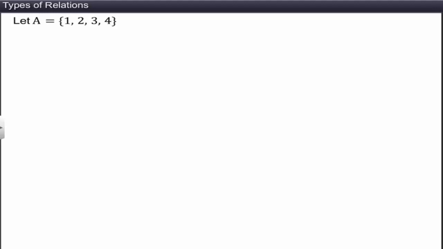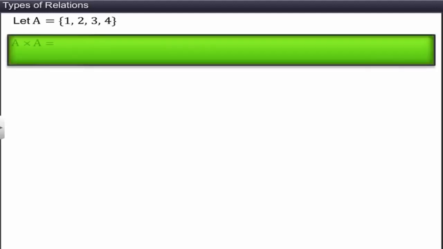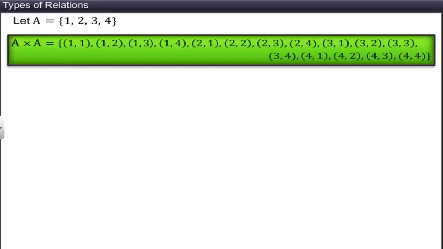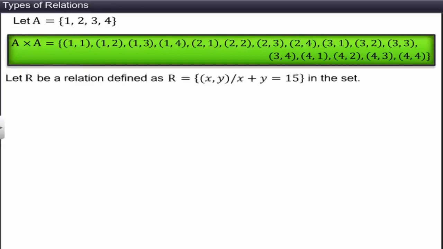Consider set A with elements 1, 2, 3 and 4. The Cartesian product of A with itself consists of 16 ordered pairs, as shown here. Let us define a relation R on A, defined as the set of all ordered pairs (x, y), such that x plus y is equal to 15.